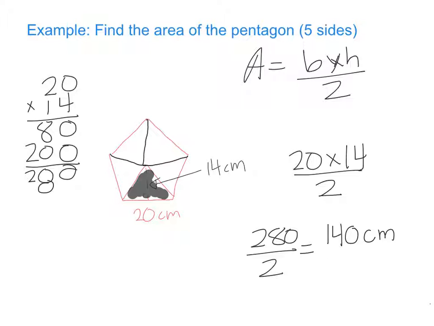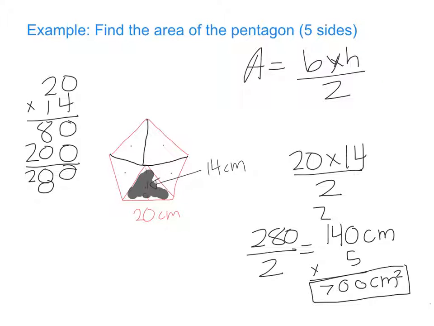But I'm still not done because that is only the area for this space right here. I want to know the whole shape. So I need to now multiply that by how many triangles I have: 1, 2, 3, 4, 5. Multiply it by 5. 5 times 0 is 0, 5 times 14 is 70. So it's 700 centimeters squared, because this is an area.